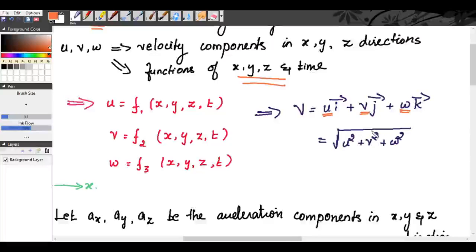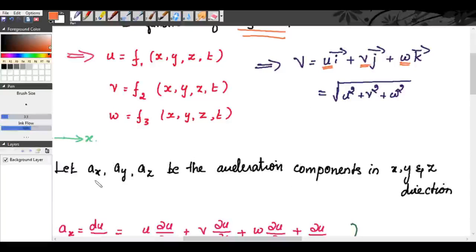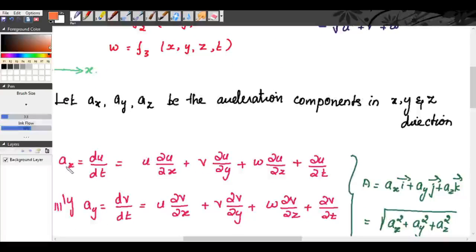Similarly, I think you have studied these concepts in your engineering mechanics also. Similarly, the acceleration. Let ax, ay, az be the acceleration components in x, y and z direction. Then ax will be equal to, we know acceleration is differentiation of velocity with respect to time, so du by dt.